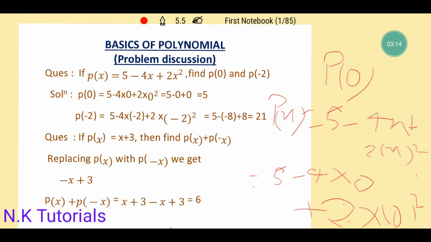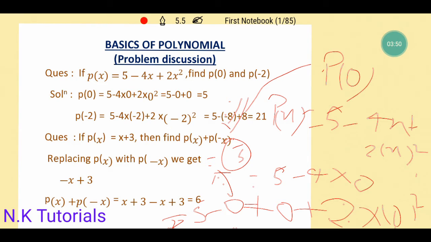So what will we get? 5 minus 0 plus 0 is equal to 5. So we have found the value of p(0) as 5.